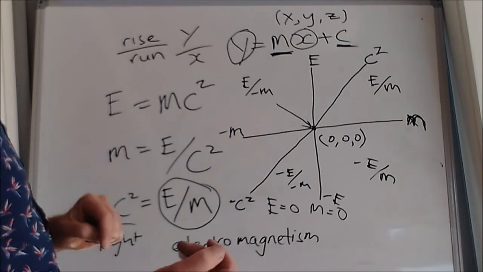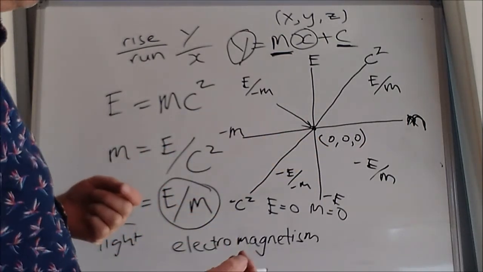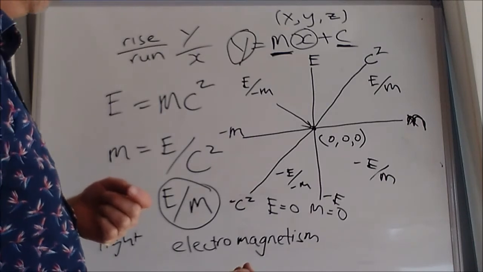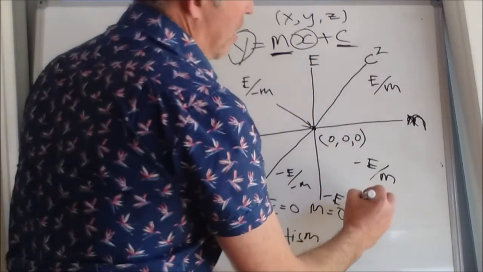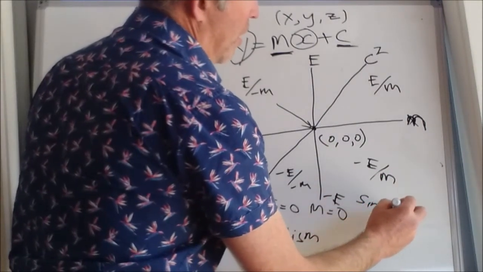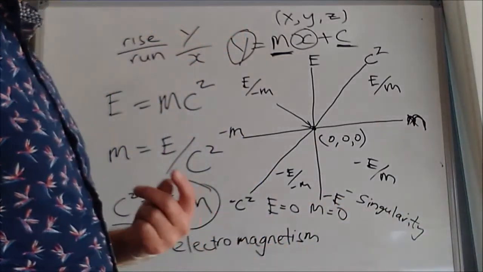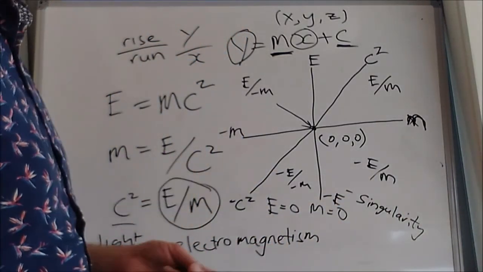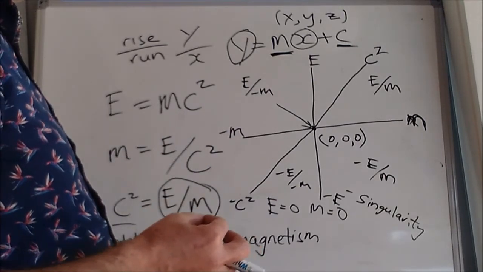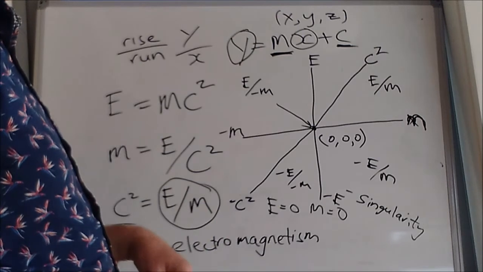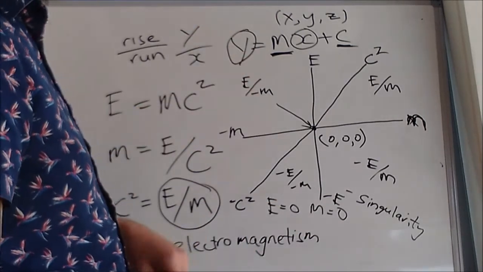And at that point of 0, 0, 0, physics of relativity breaks down. Now that is the point of singularity. So the point of singularity where relativity breaks down means that actually we have the ability to see that 0 point within the geometry of a sphere.